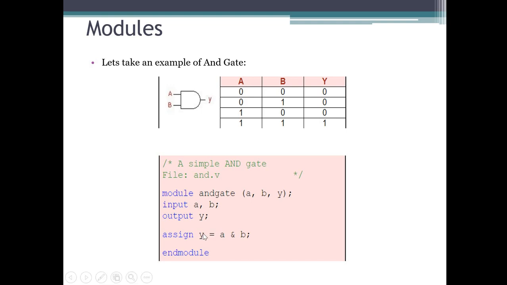This line I hope you will understand. We are doing ANDing here, and then we are assigning to Y. Assign is a keyword here which will continuously assign. If there are any changes in A and B, then it will continuously assign to Y. We are going to discuss assign also, where we use the assign keyword.